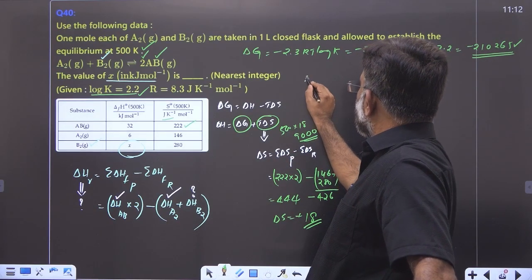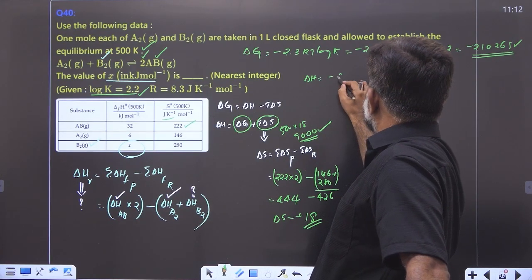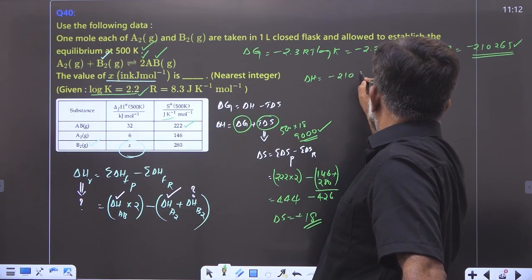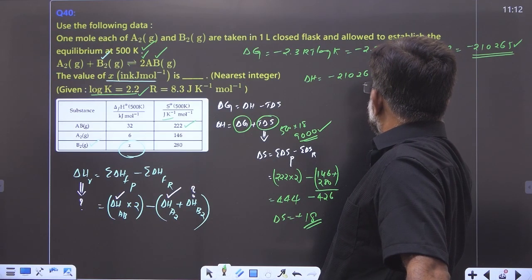So you get delta H equal to minus 21026 plus 9,000.